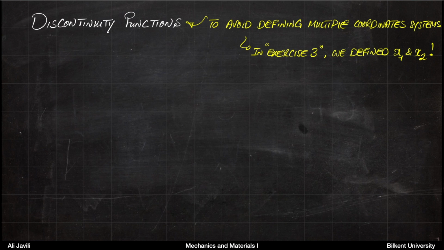All right, the next topic we want to talk about is the so-called discontinuity functions. And as I just mentioned previously, these sorts of functions are useful to avoid defining multiple coordinate systems, similar to what we did in exercise 3, for instance.